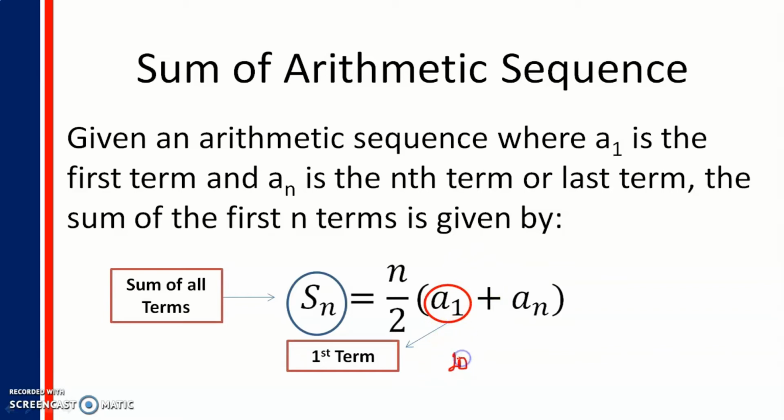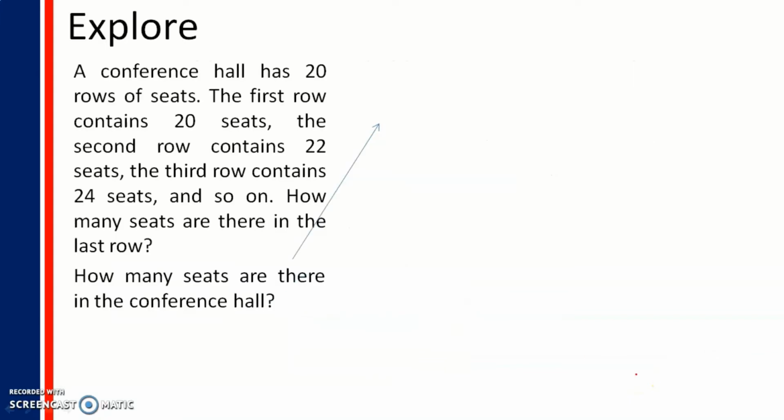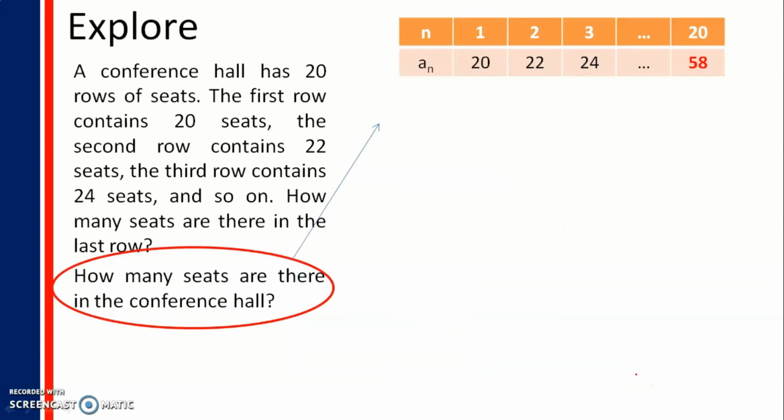And a sub n denotes the last term. This is a sub 20, which we got earlier as 58. So let's proceed to our solution. Our a sub 1, the first term, is 20, and our last term, which is a sub n, is 58.